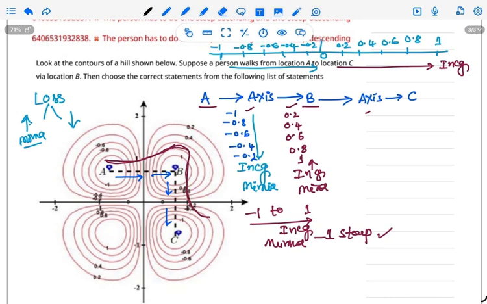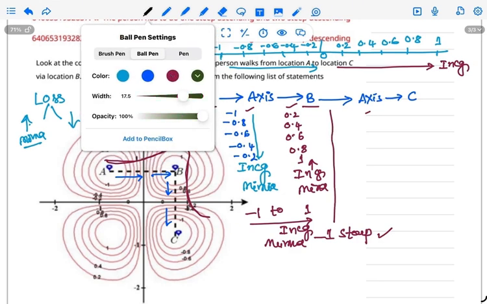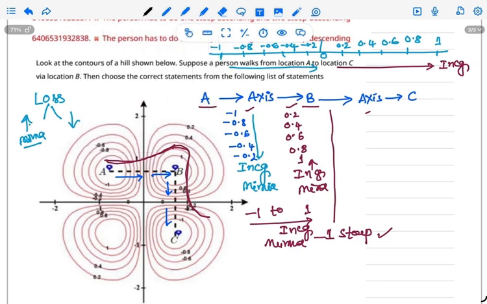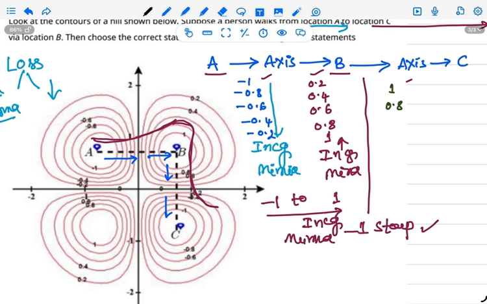From B to the axis, how these values are changing, we will check. From B to the axis, the values are 1, 0.8, 0.6, 0.4 and 0.2. So these values are decreasing.